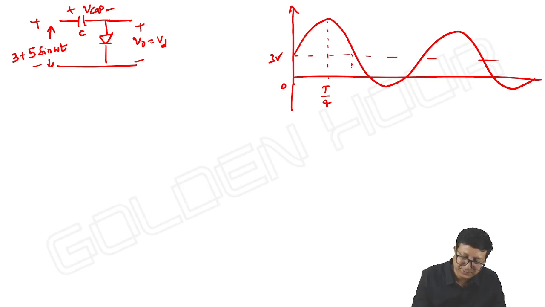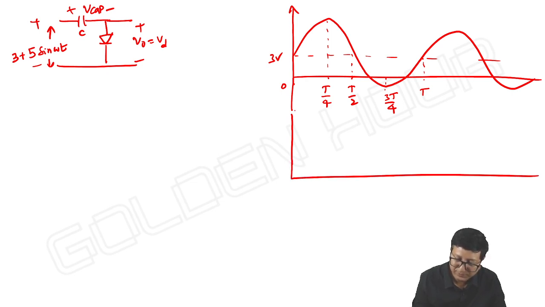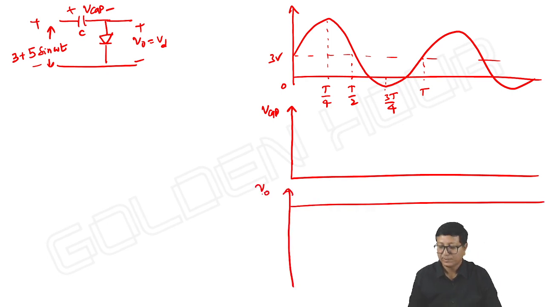Here it will be T by 2. Here it is 3T by 4. Again, it is T. V output.